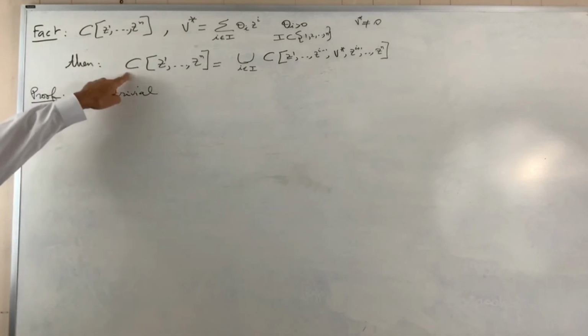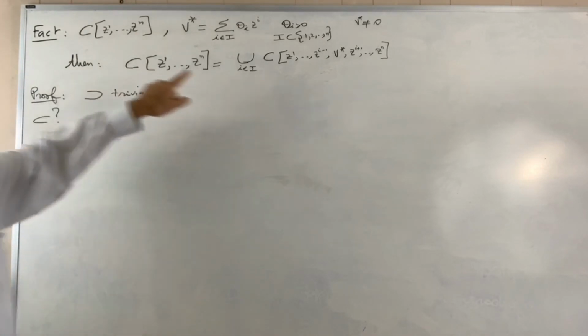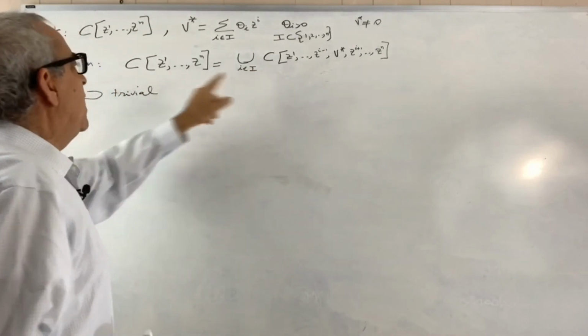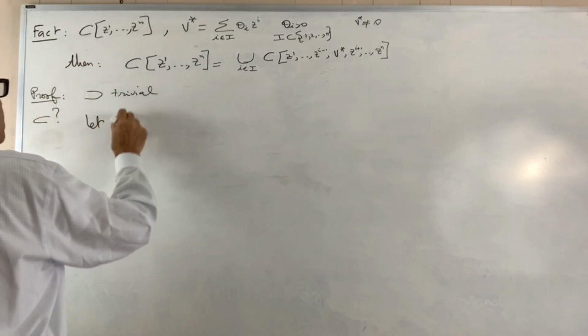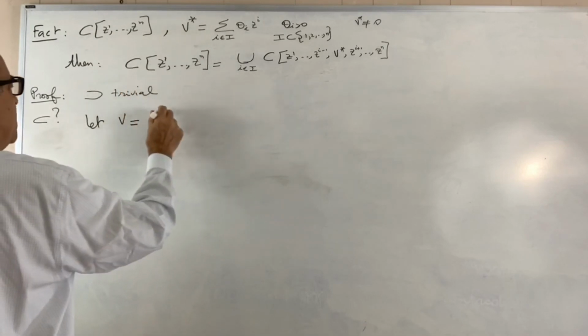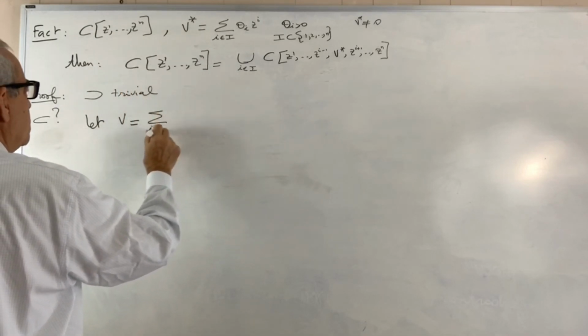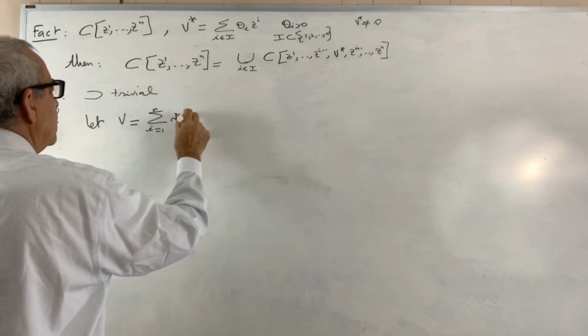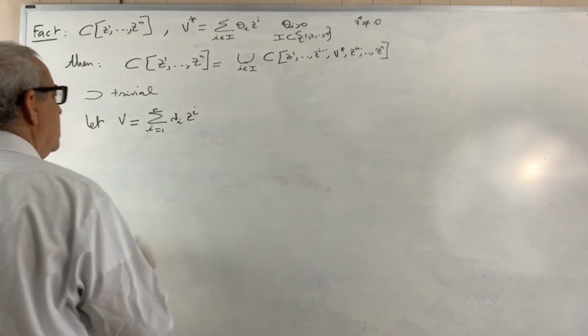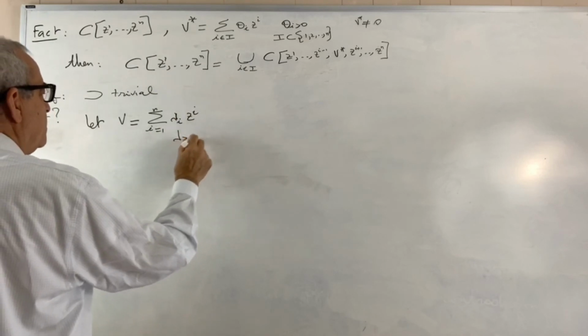So let's take any element of C and find one of these cones that element belongs to. So let V be any element of C. So V equals the sum from i equals 1 to n of lambda i Zi, and here lambda i is greater or equal to 0.